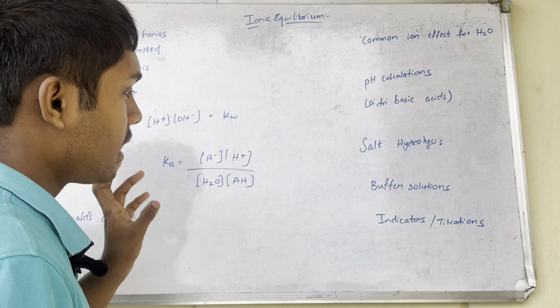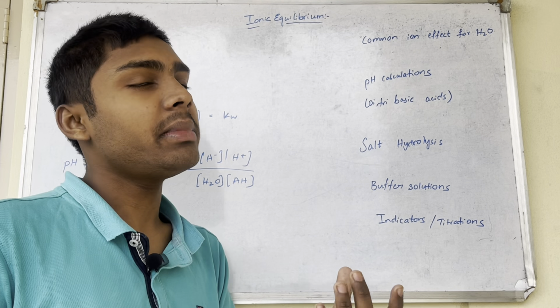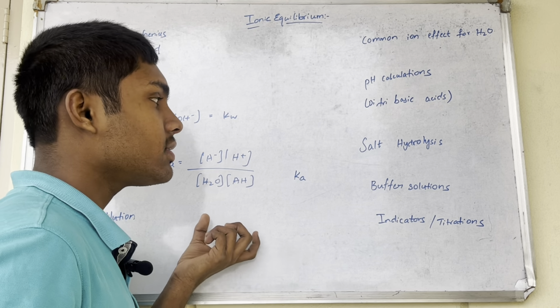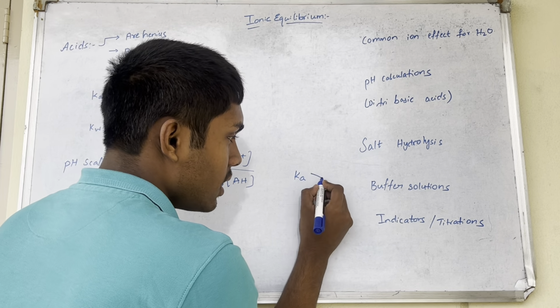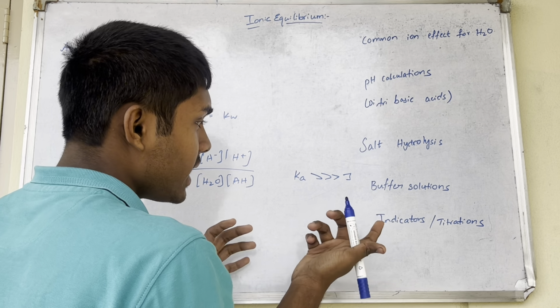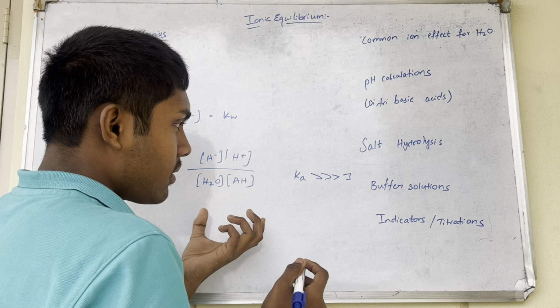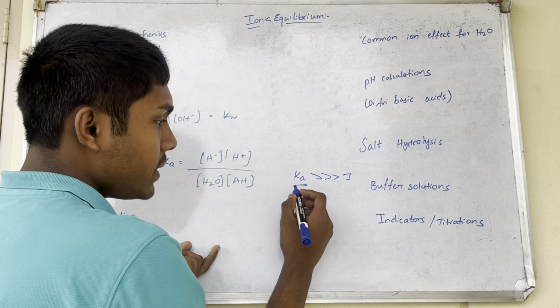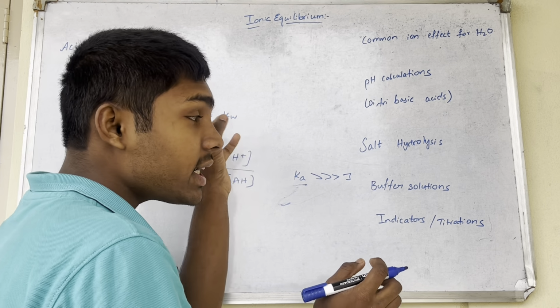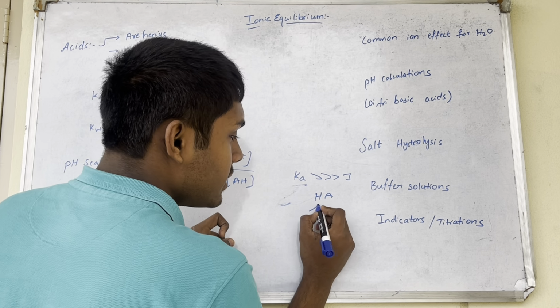These are the things. Now, one more conclusion we can make is that if the value of Ka, the ionization constant for a particular acid, is very large, like 10 raised to 6, then that acid HA is a strong acid.